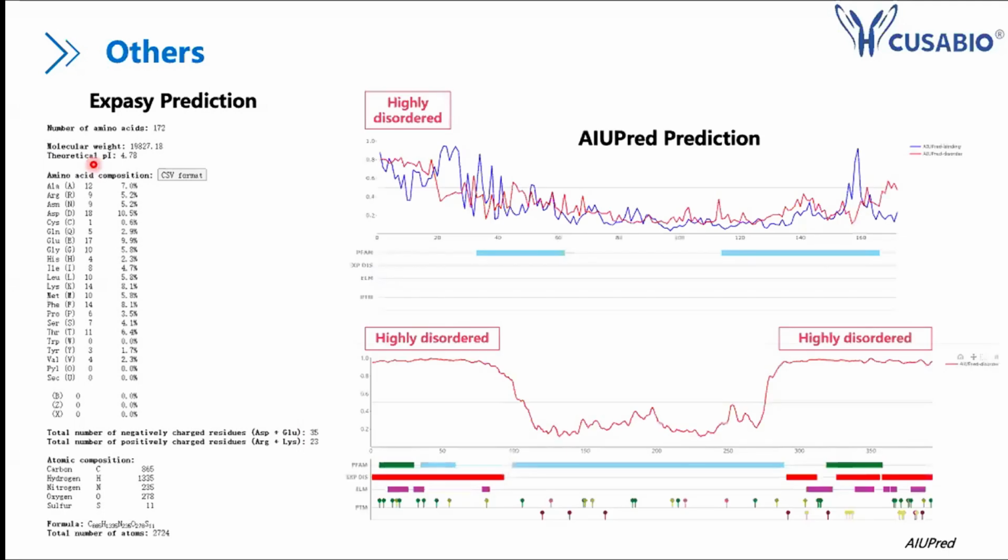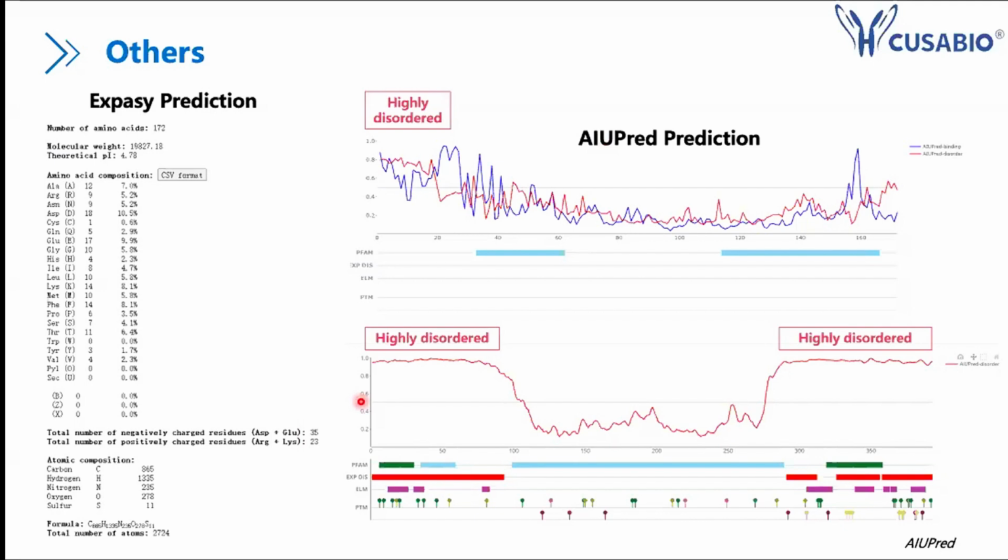And another database that I use a lot is the AIUPred prediction. So for a protein, the structural state of the protein, they have the ordered domains, but they also have some intrinsically disordered protein regions. So for this one, 0.5 is a boundary.